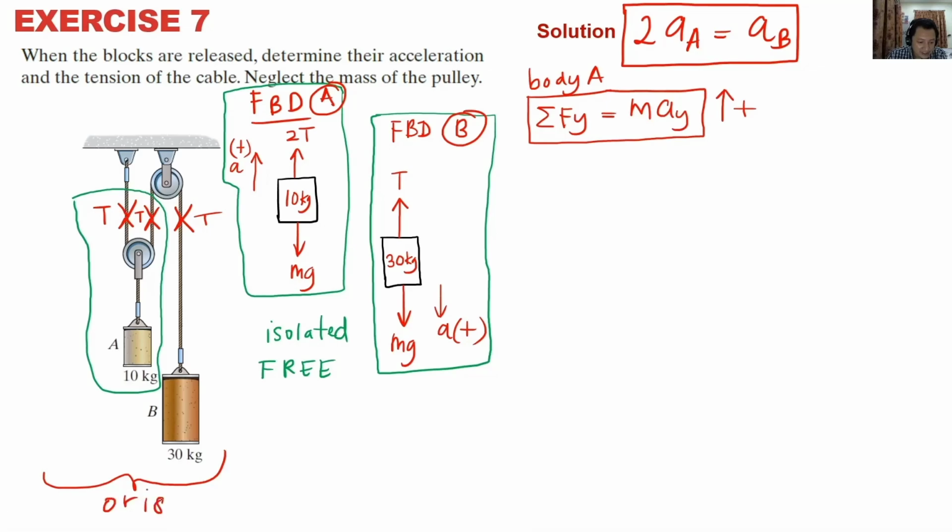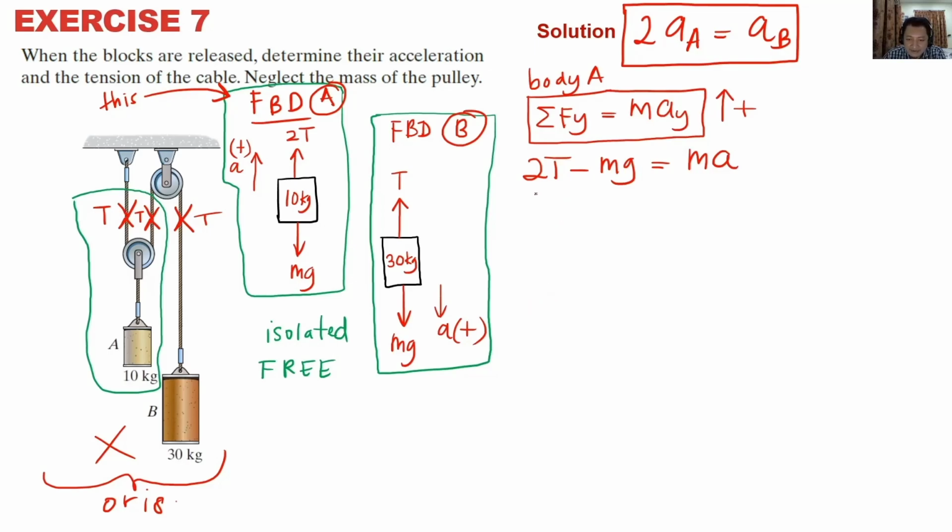No need to look at this anymore. Look at your free body diagram. Look at this one. So naik atas is positive, so dapat 2T. Turun bawah is negative. Minus mg equals MA. Okay?